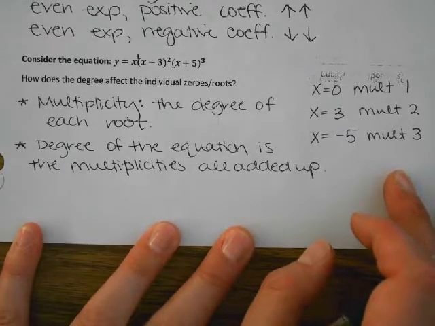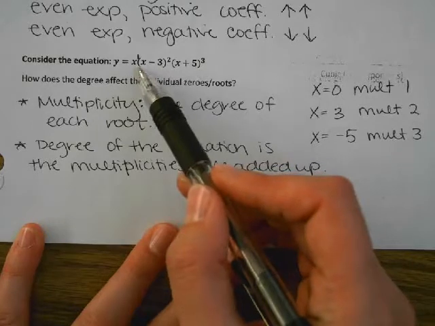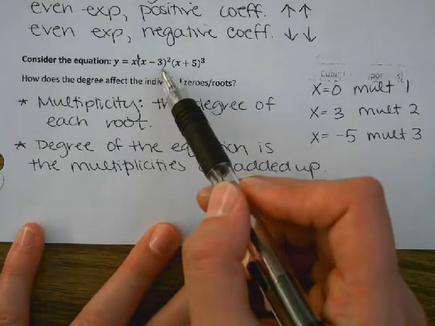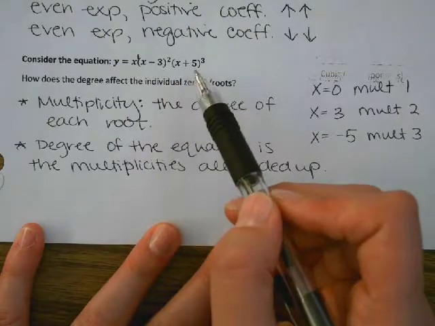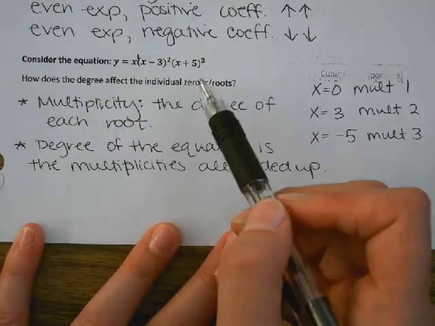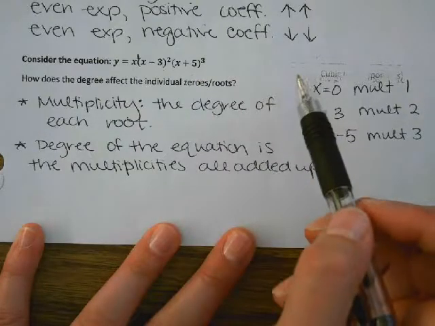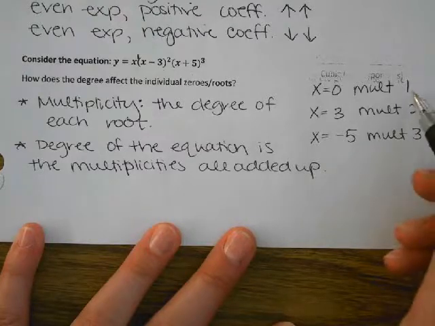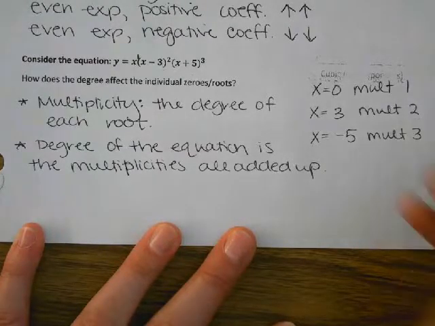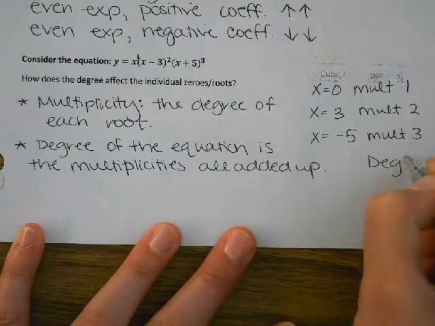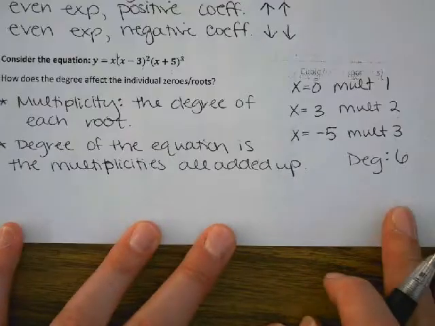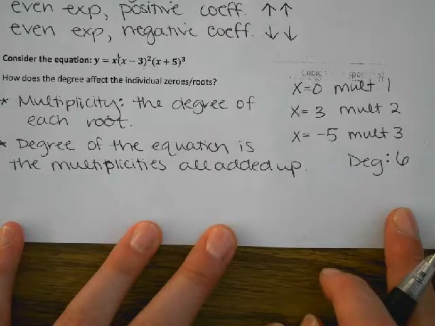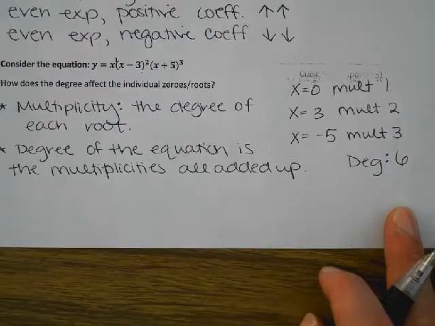So if we wanted to think about what would happen if we were to FOIL out this whole equation, like write out x and then x minus 3, and then x plus 5, x plus 5, x plus 5, and multiply the whole thing out, the way that we can see what our highest exponent is, we can add up these multiplicities. So 1 plus 2 plus 3 is 6. So we're going to say that this equation has a degree of 6. That's what would happen if you multiplied out the whole thing. You'd get x to the 6th power.